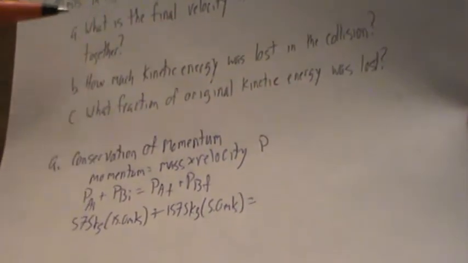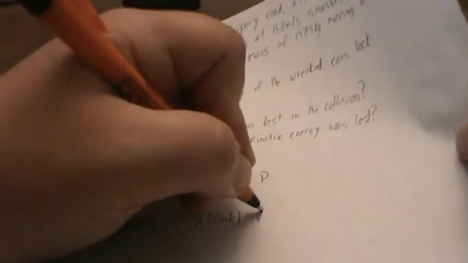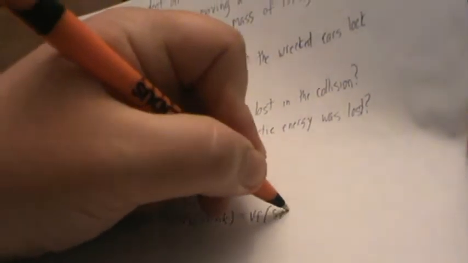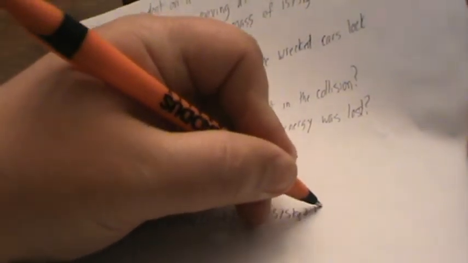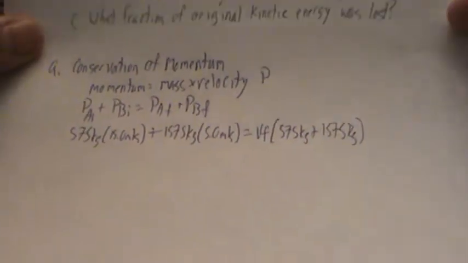For the final, since the cars are locked together, their final velocity is going to be the same. We just have to add the masses and find our final velocity from there.